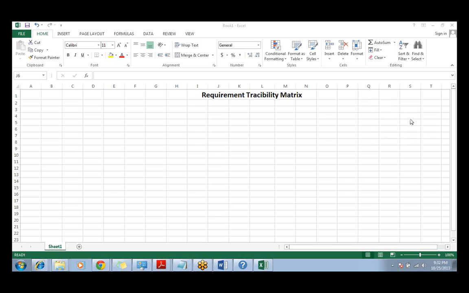Yeah, go on, Mani. I think requirement traceability matrix is how the requirements when they come from the stakeholder are traced to the deliverables. So there should be a connection to whatever the stakeholders bring in and whatever we are giving to them. It's not just our understanding, but it should be what they want and what they are getting.